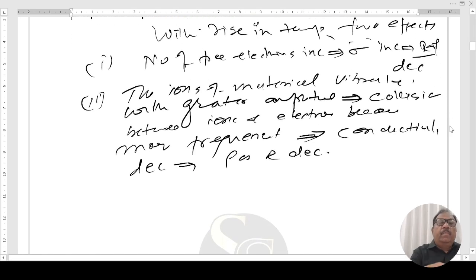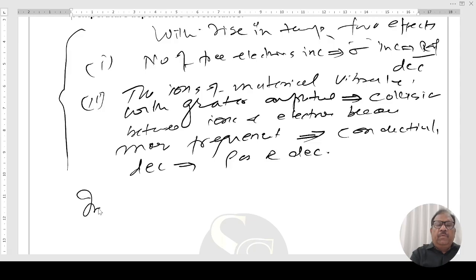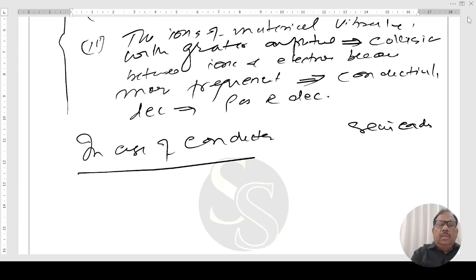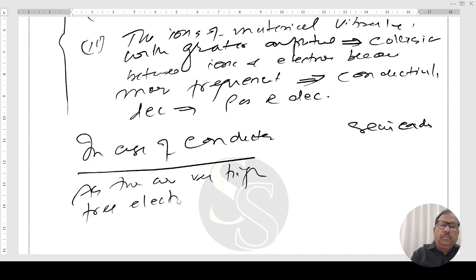Now there are two effects, in case of a conductor and in case of a semiconductor. In case of a conductor, as there are very high free electrons, therefore part 2 above is dominant.